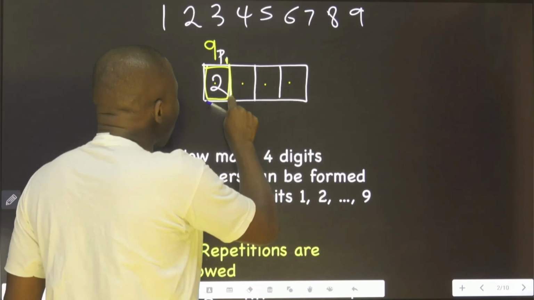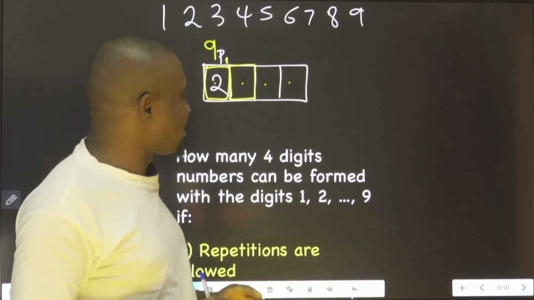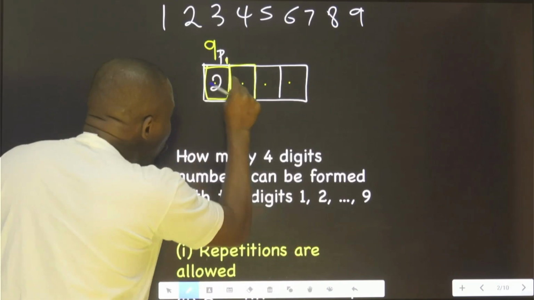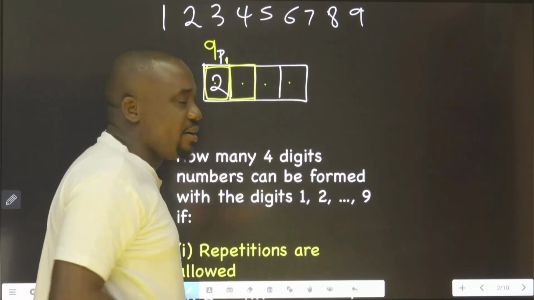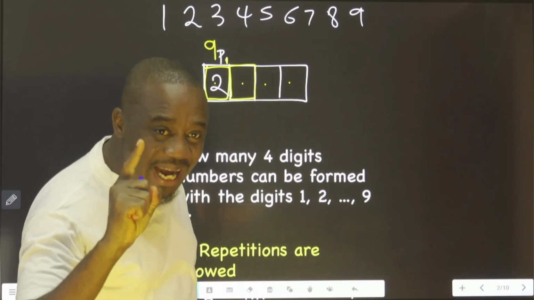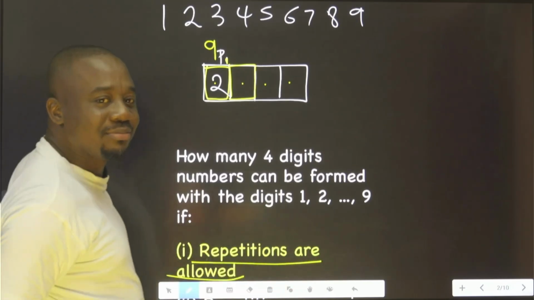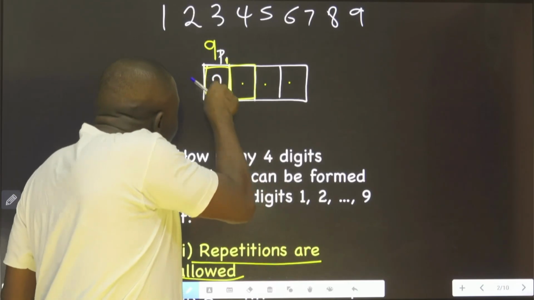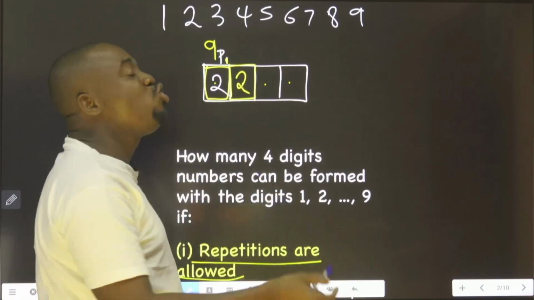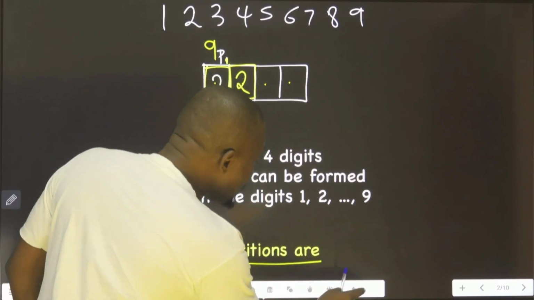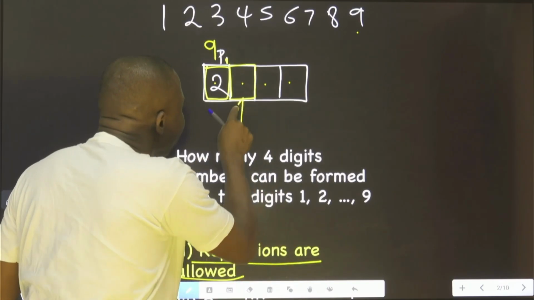Then we go for the second position. This is where the mistake is always with the students. How many numbers do you think will be competing for this second position after you put 2 here, for instance? Remember, it is said repetitions are allowed. It means if you put 2 here, you can still put 2 here. It means we cannot remove 2 from this group while competing for this position.